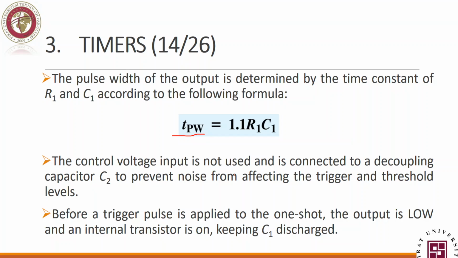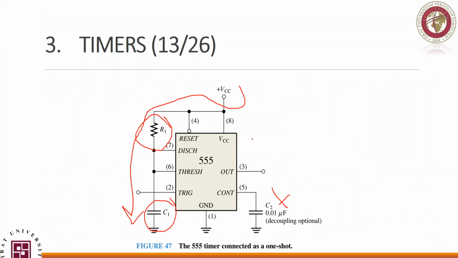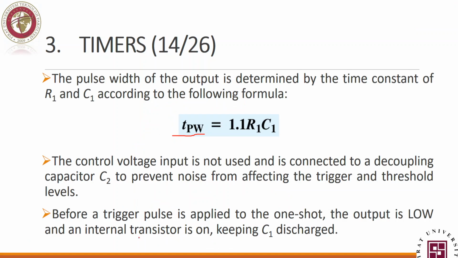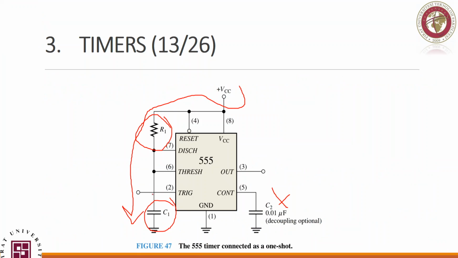Now, before anything starts, we have an internal transistor. How it is connected, you don't have to worry about it. But as long as the output is low, the transistor is on. This is important, please pay attention to it. And if it is on, that means it creates a path for this capacitor to discharge.